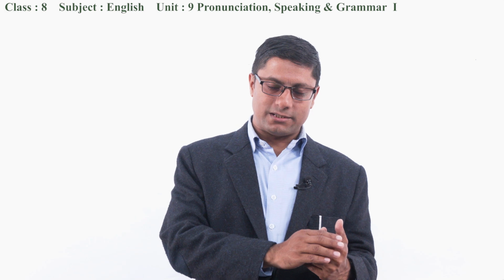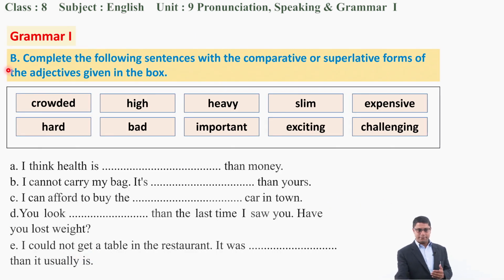Now, let's move on to the next activity in your book, and let's use whether you have to use comparative degree or superlative degree. Let's do it. Okay. So, look at exercise B there. It says, complete the following sentences with the comparative or superlative forms of the adjectives given in the box.